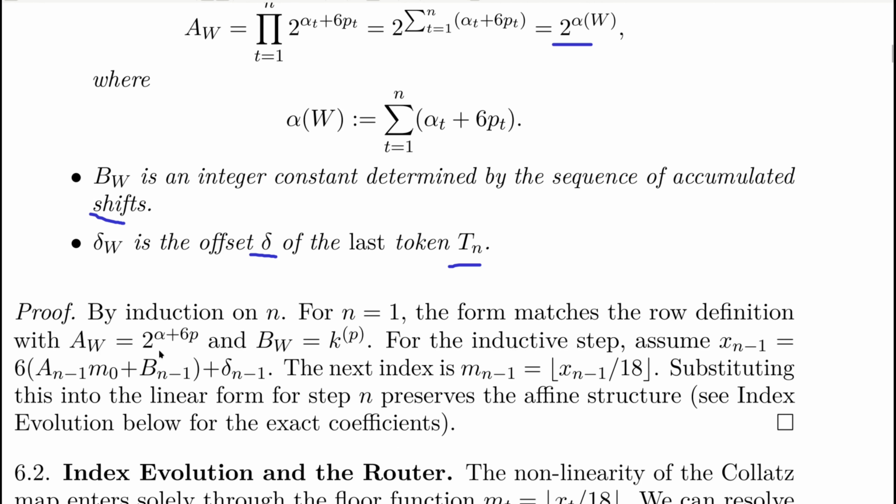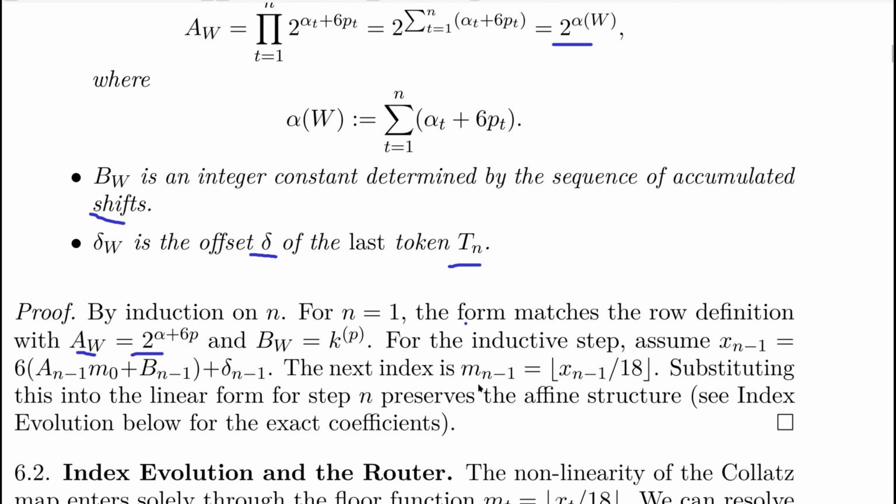Okay, so the proof is by induction on n. For n equals 1, the form matches the row definition with AW equal to 2 raised to alpha plus 6p and BW equals Kp. For the inductive step, assume xn minus 1 equals 6 times (A n minus 1 m naught plus B n minus 1) plus delta n minus 1.